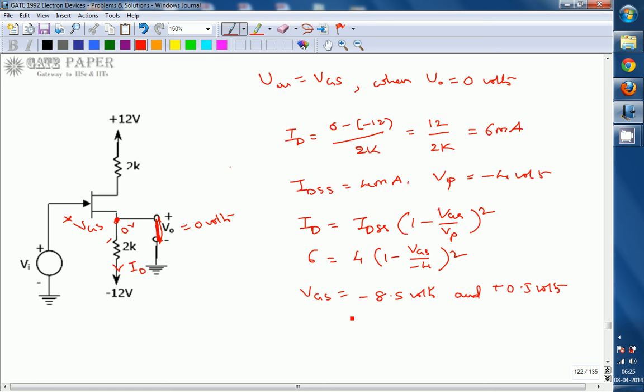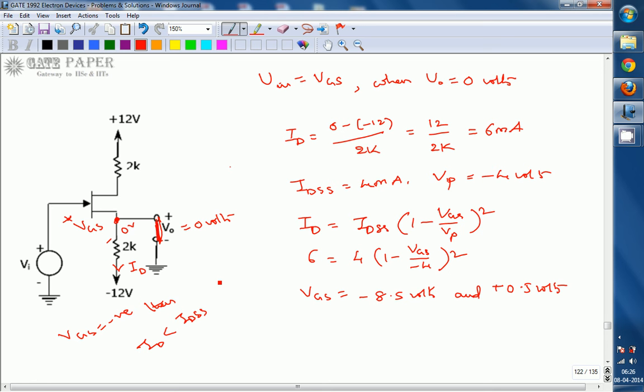But remember that if VGS is going to be negative, then ID has to be lesser than IDSS, because IDSS is the maximum drain to source saturation current. Always the current flowing through it is lesser than IDSS whenever VGS is negative. If you apply VGS equal to 0, then your ID will become IDSS. If you make VGS positive, there is a chance that ID is greater than IDSS, because gate source junction is becoming forward bias. By that time it will be giving more drain current.